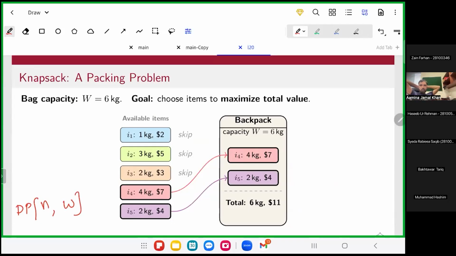DP of N comma W says that your capacity is W and you have N items available and you have to pick the ones with the maximum value. So it's the capacity that's allowed to be used on those first N or I items.